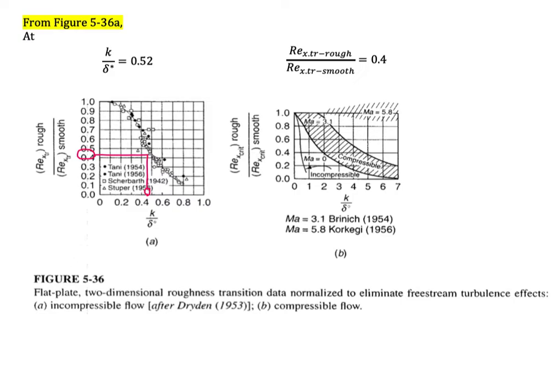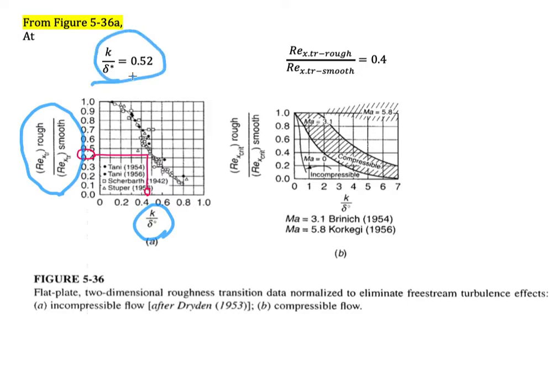So what we use here is a prediction using data from previous researchers. For example, one researcher made a correlation of the Reynolds number of rough and smooth surfaces with k over delta star.